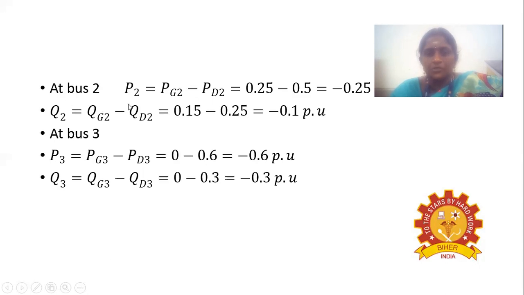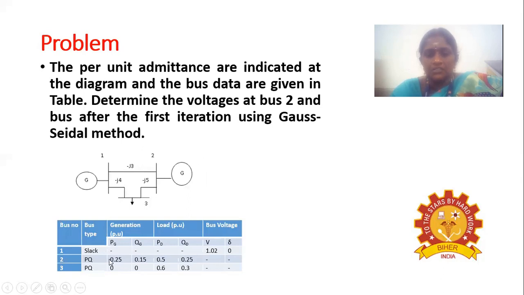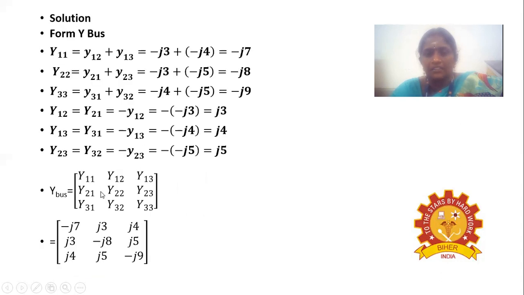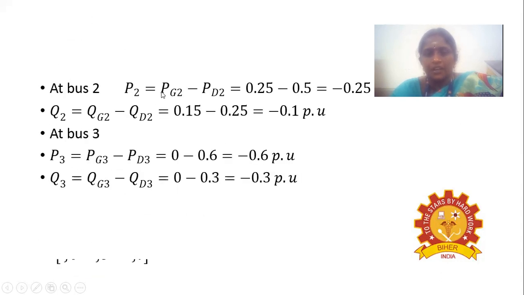Okay, at bus 2, P2 equals PG2 minus PD2. So for bus 2, they have given the generation real and reactive power and the load power also. So you have to calculate P2 and Q2. That is, generation minus demand will be equal to the power at the second bus.